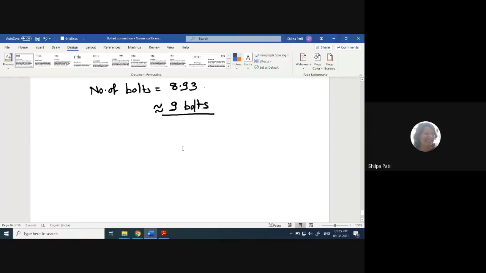How to find the number of bolts? One more problem, just note down. I will dictate the problem statement now.